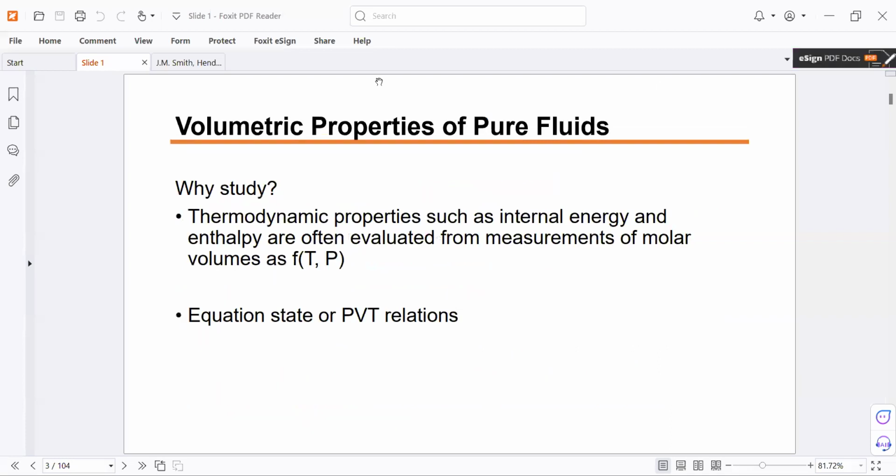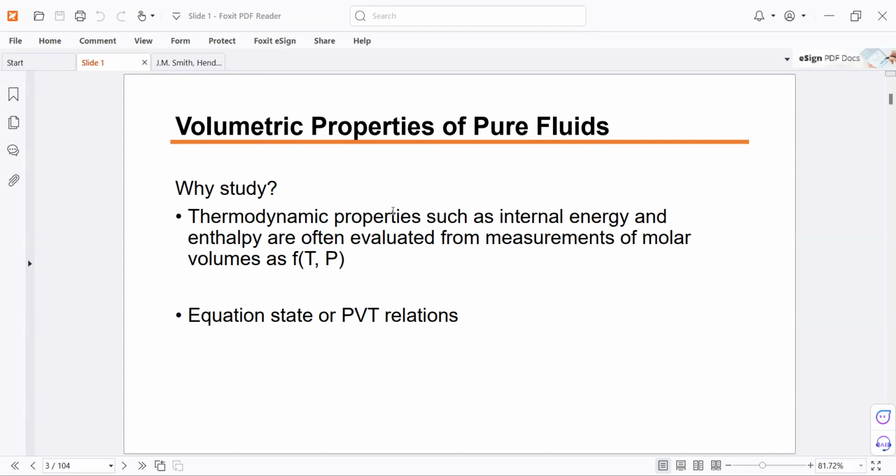But first, why do we need to study the volumetric properties of pure fluids? It's because these properties, such as internal energy and enthalpy, are often evaluated from measurements of the molar volumes as a function of temperature and pressure. And this is important for the design and safety of chemical engineering processes and industrial processes.